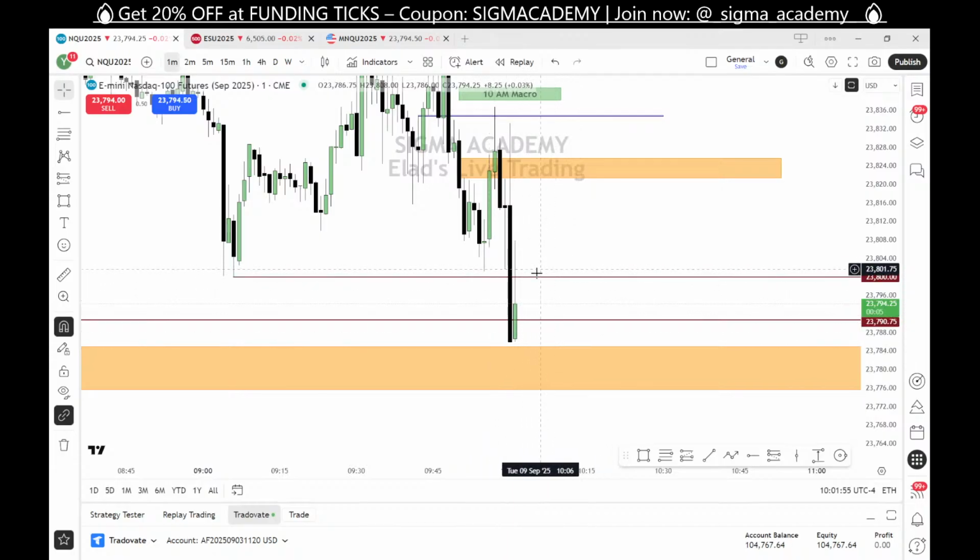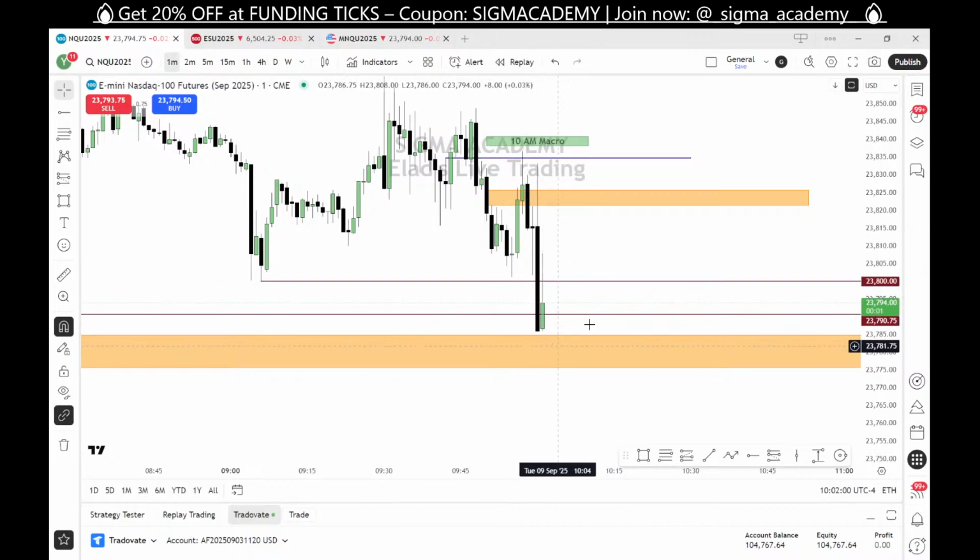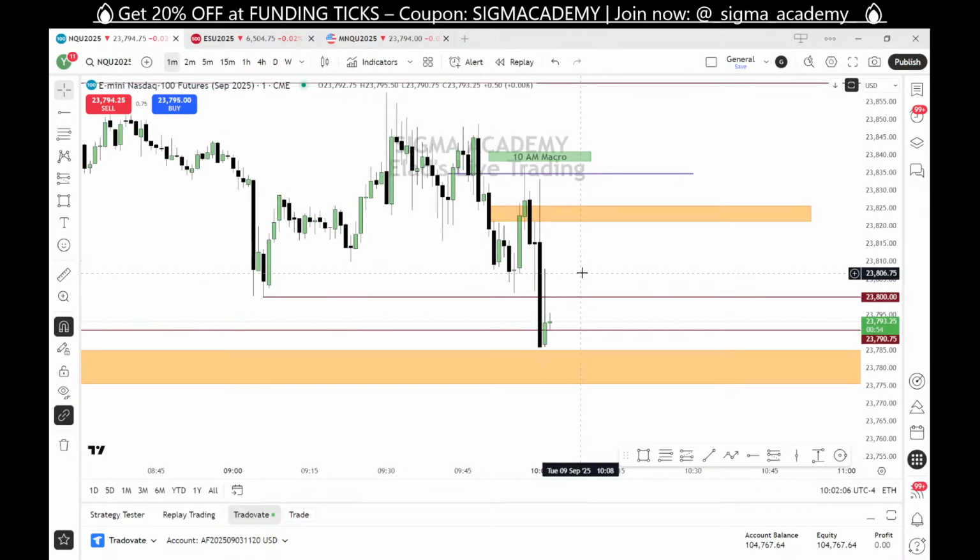Most of the time the market will reverse after liquidity is taken. After that, you can search for any fair value gap, order block, breaker block, inversions, something that will give you a clue that the market will go higher.